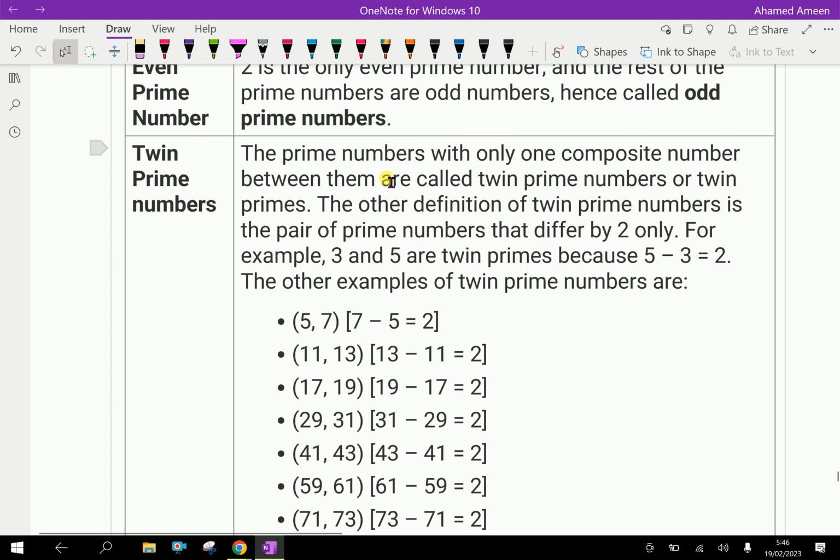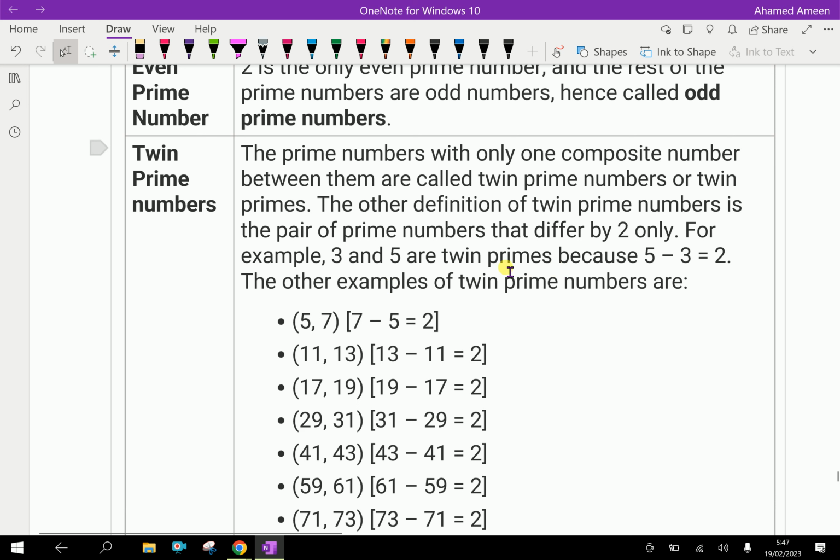Twin prime numbers. The prime numbers with only one composite number between them are called twin primes. The other definition of twin primes is a pair of prime numbers that differ by 2 only. For example, 3 and 5 are prime numbers.